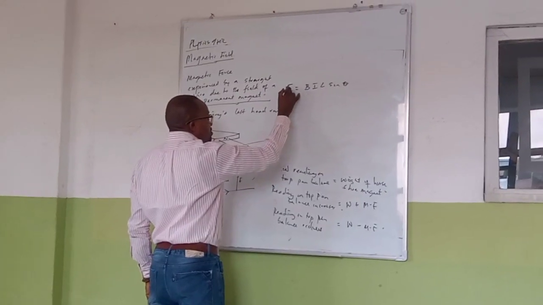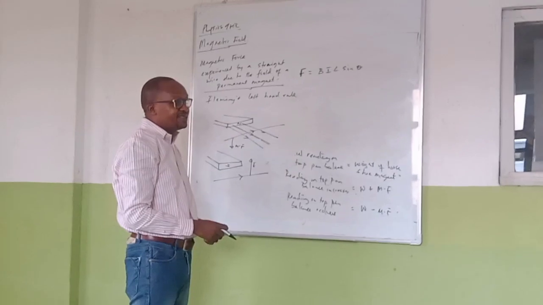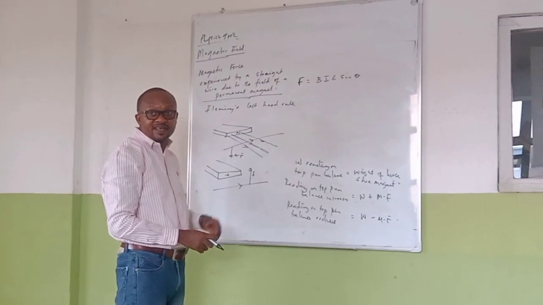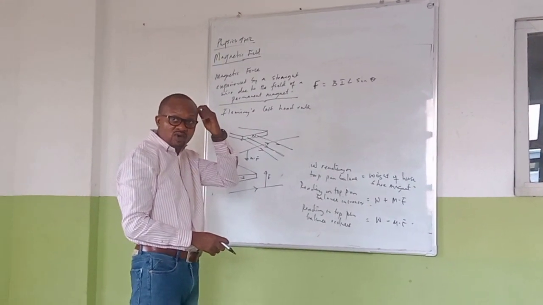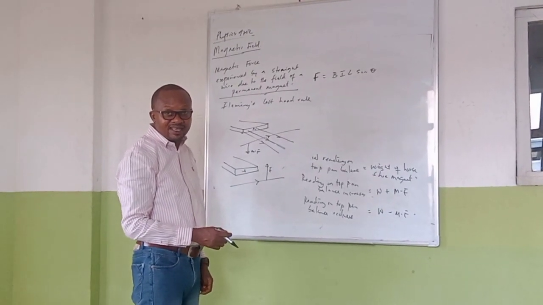The magnitude of the magnetic force experienced by an electromagnet in a magnetic field is given as what? F equals what? BIL sin theta.